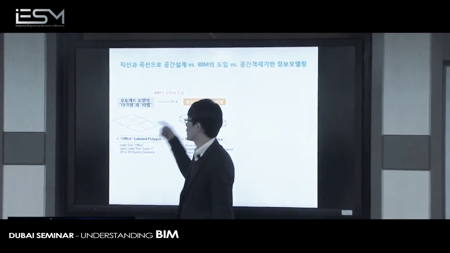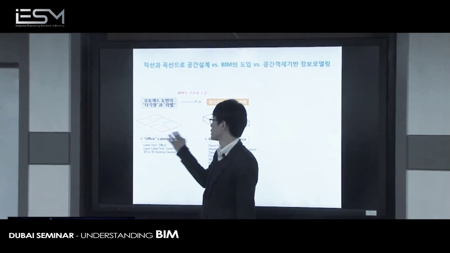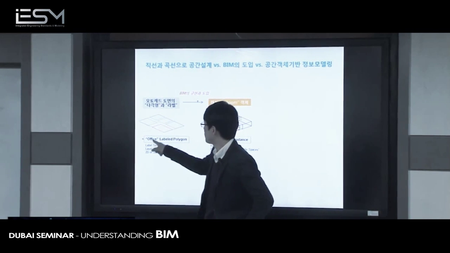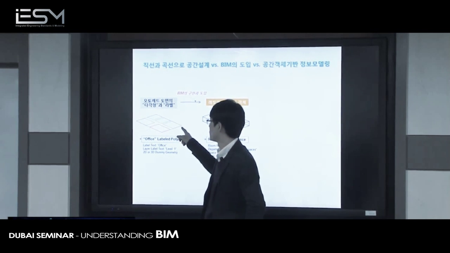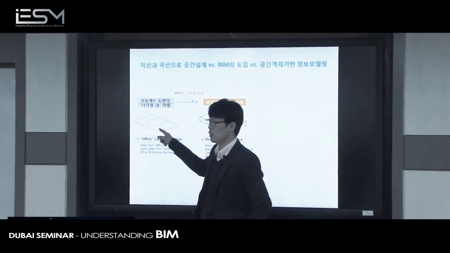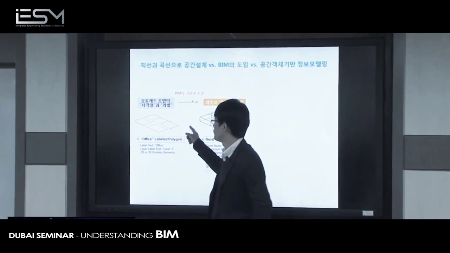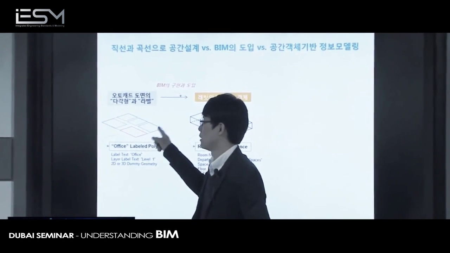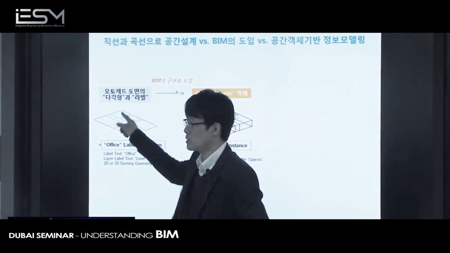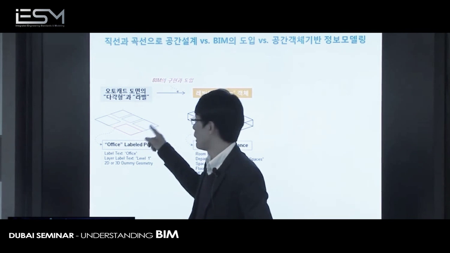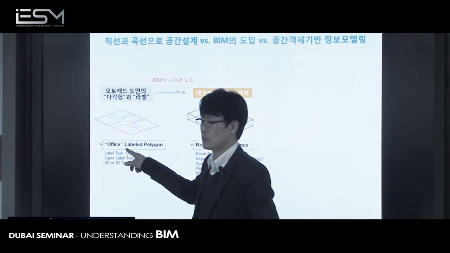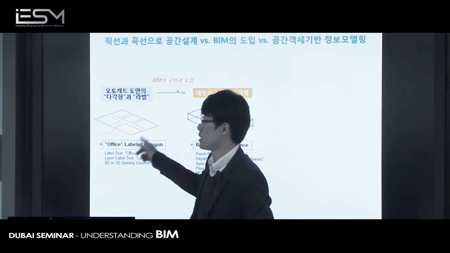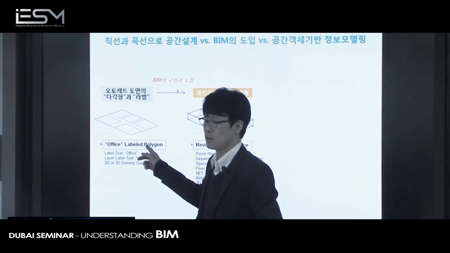That means we can recognize, okay, this is a specific floor plan and there is an office. But the computer couldn't understand there is an office area. The computer understands some series of points, polygon lines, and text typed office. That's it. The computer has no idea whether this is a building or not.